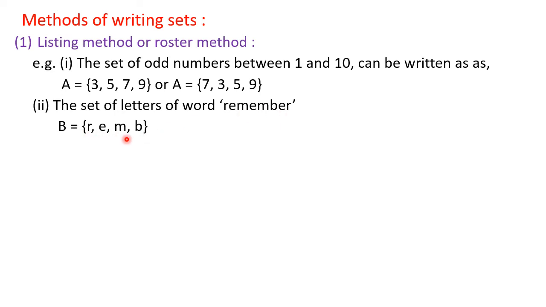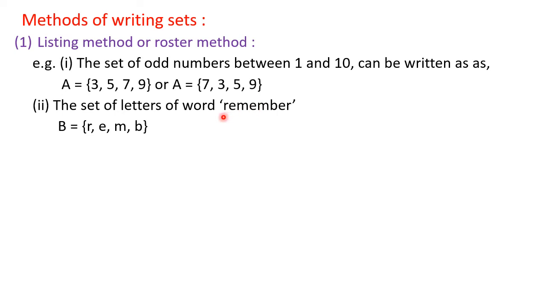Why is it so? Because here one important rule we need to follow: while writing the elements of a set, we cannot repeat the elements. Repetition of elements is not allowed. R we cannot write 2 times. E we cannot write 2 times. That is why the letters which are repeated are not written again.